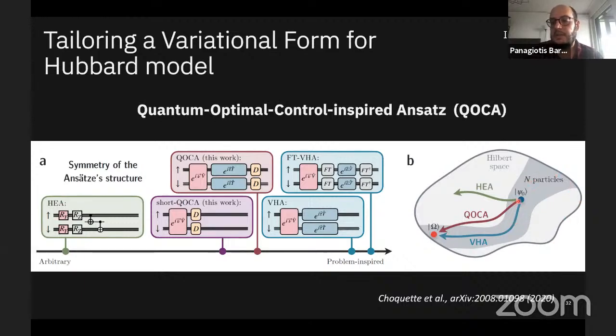And this is something that the variational Hamiltonian ansatz does quite well. But for the quantum optimal control inspired ansatz, you are able to go a little bit out of the space of the solution. So you can navigate towards the solution in a faster way without the need of being confined in the right particle space. And this is exactly what we want to have as a variational form.